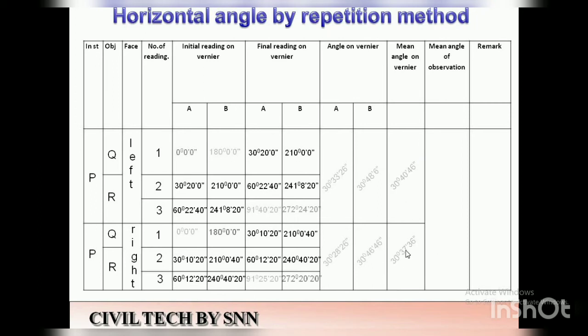So the mean of these two readings, you will get the mean angle of observation, and it is 30 degree 39 minute 11 second. So in the remark column, angle QPR is 30 degree 39 minute 11 second, which is free from the instrumental error. Thank you.